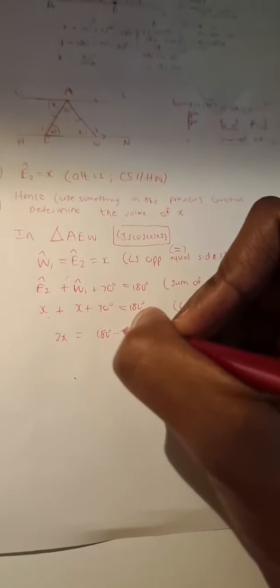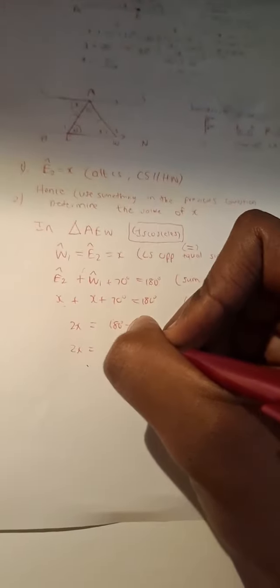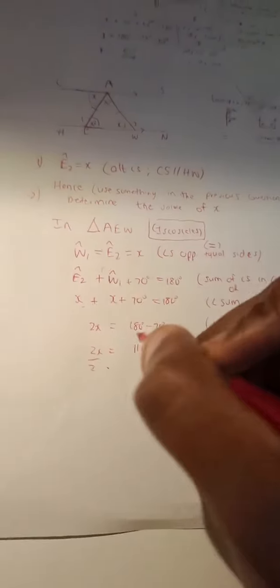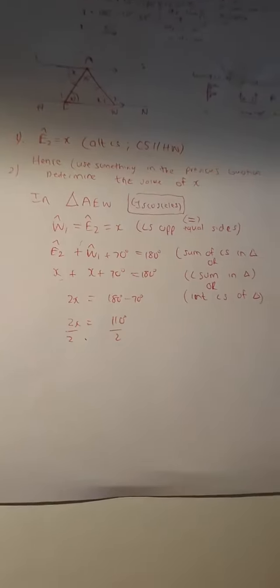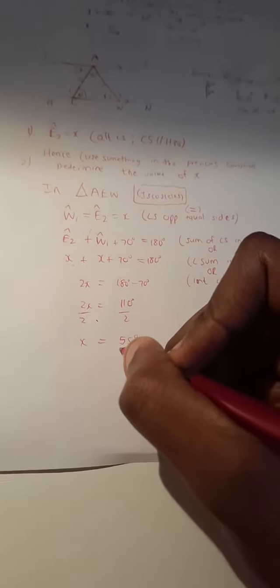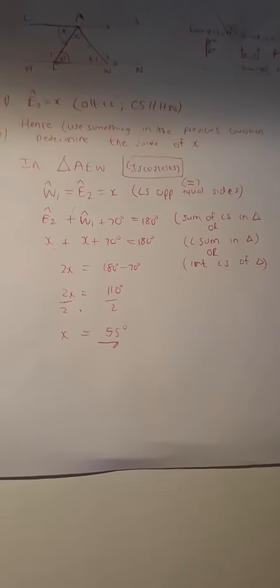It joins the other numerical value. 180 minus 70. 2x is equal to 110 degrees. Then from there, we divide both sides by 2. We get x is equal to 55 degrees. And there we have it.